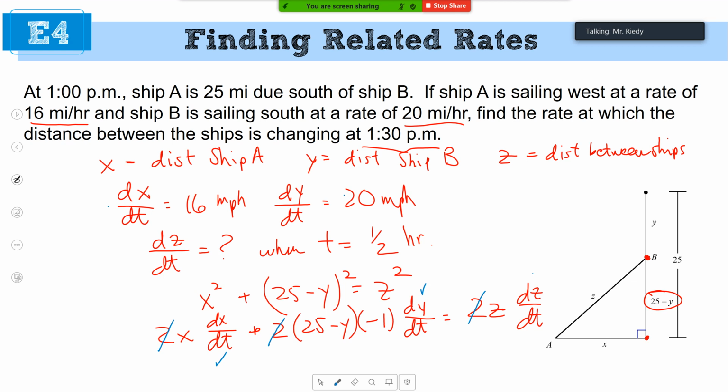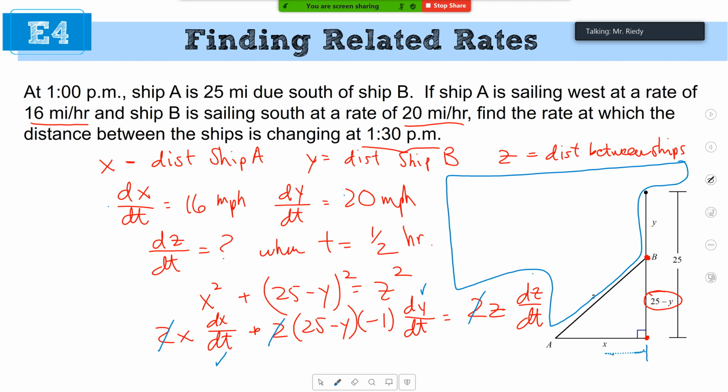So we do what I call a sidebar. I come over here into this space and I do some other calculations to figure out what x, y, and z are. So if A started here and travels that way at, what's A? 16 miles per hour for a half hour, how big is x? 8.